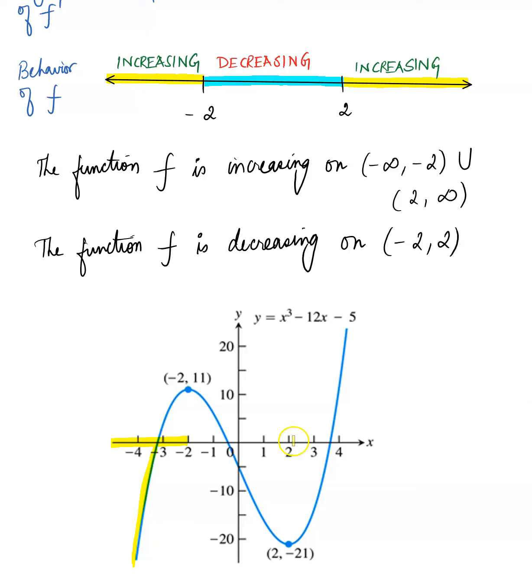And again, that was the case from 2 to infinity, where you see the graph rising here. And the graph was decreasing in between them from negative 2 to 2. You can see the graph was falling in this region.